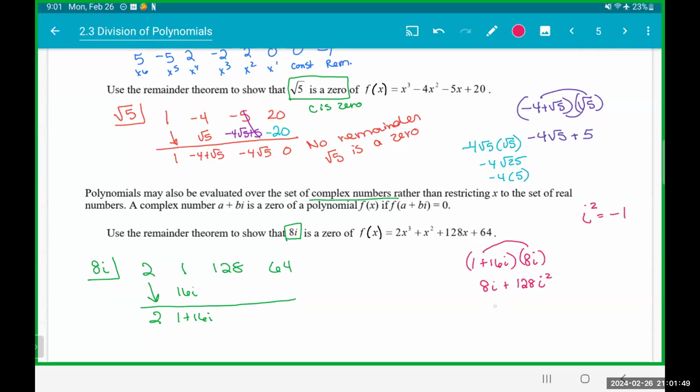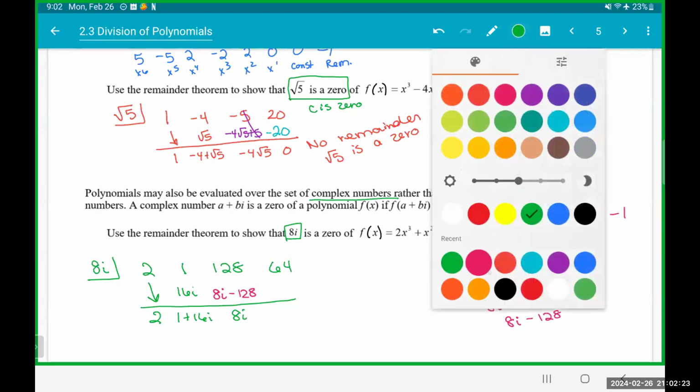So this is 8i plus 128 times -1. So this is -128 plus 8i, or I can leave it as 8i minus 128. So the 128s cancel with each other, and I'm left with 8i.